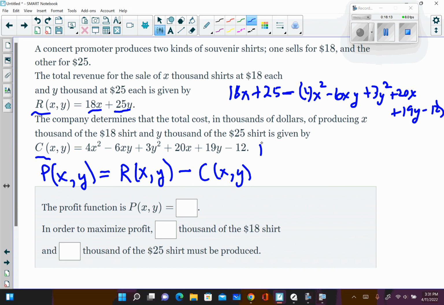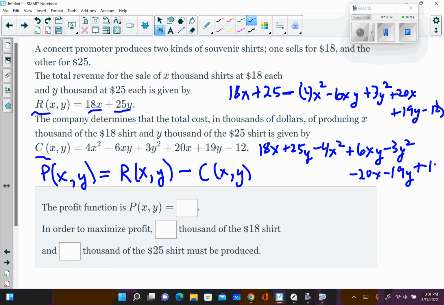So we're going to have 18x plus 25y, and we're distributing the minus, so we get minus 4x squared minus a minus, so that's plus 6xy, minus 3y squared, minus 20x, minus 19y, but then at the last term we have minus a minus 12, so that's plus 12.